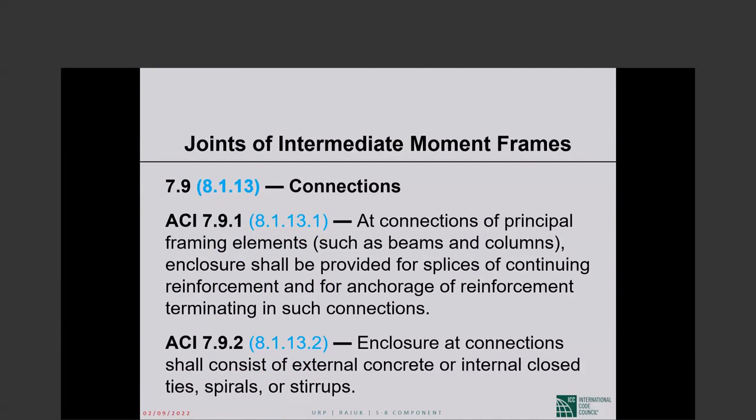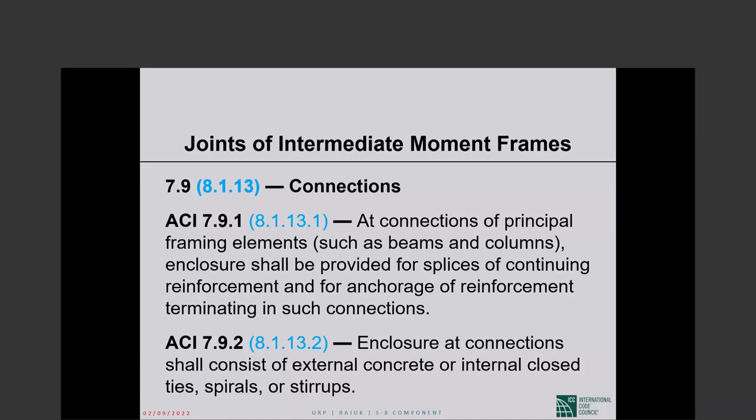So, at connections of principal framing elements such as beams and columns, enclosure shall be provided for splices of continuing reinforcement and for anchorage of reinforcement terminating in such connections. Okay, anchors have to be enclosed. What was the language? Enclosure.